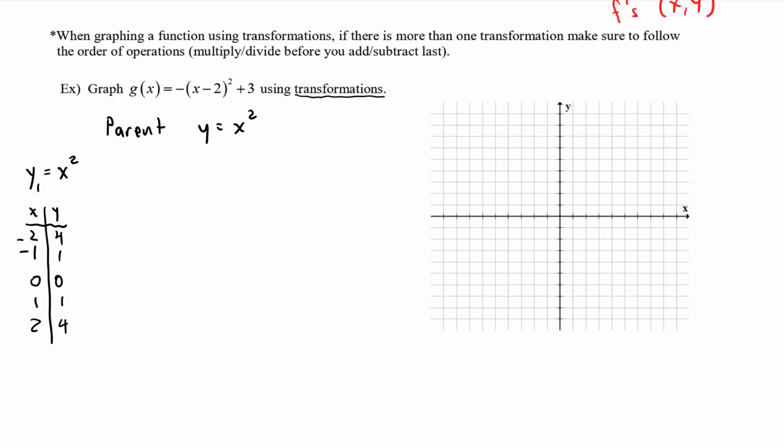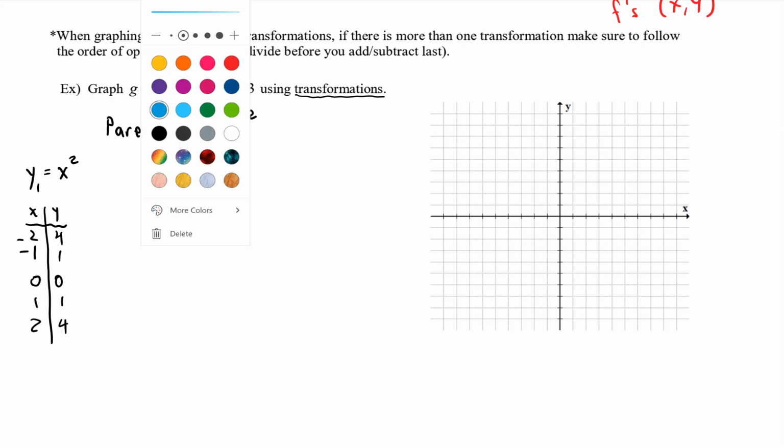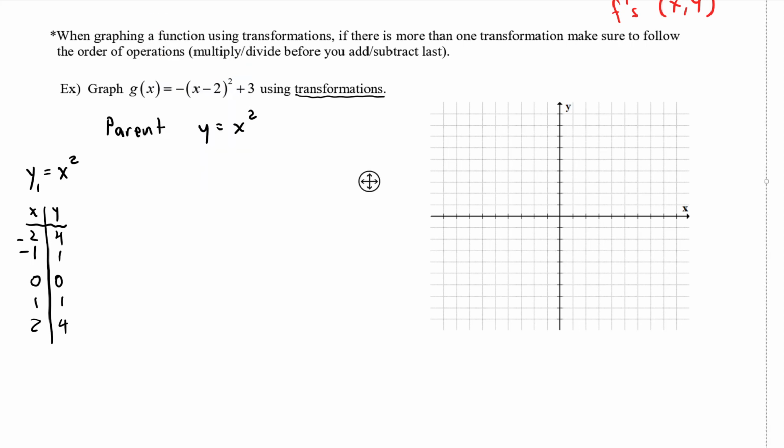So let's look and see what my transformations are. One transformation right here is I have a -1 times a big expression, so we're going to multiply y by -1.